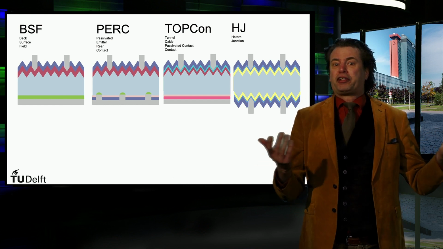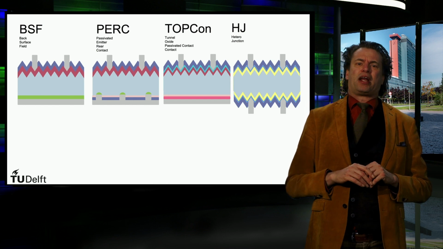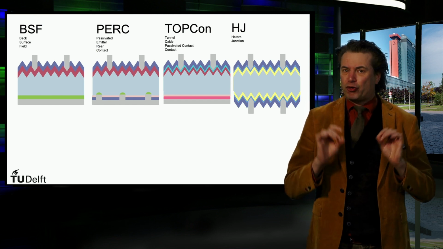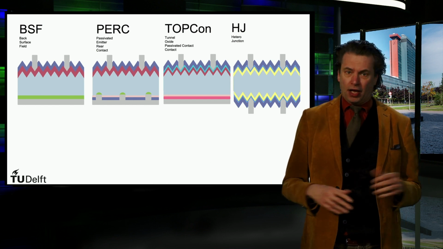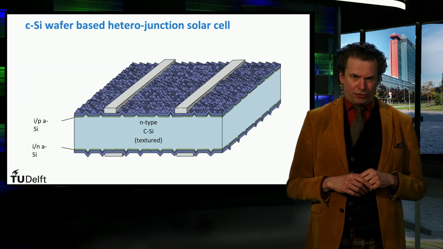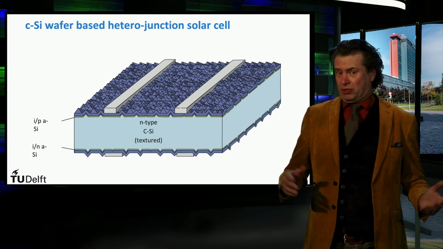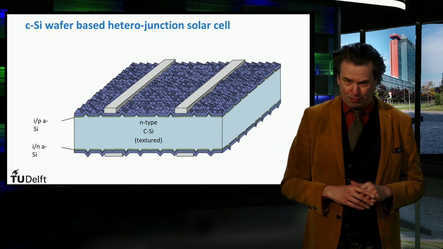An alternative concept with high efficiency is the so-called crystalline wafer-based heterojunction solar cell. The heterojunction solar cell is shown in more detail in this illustration. First, I have to answer the following question: what is a heterojunction?